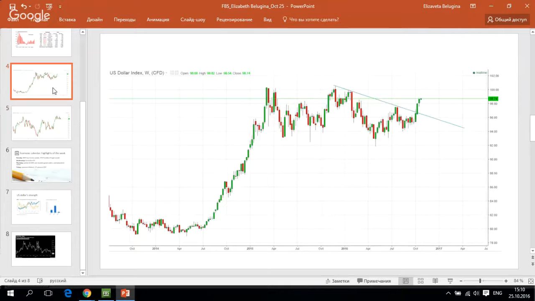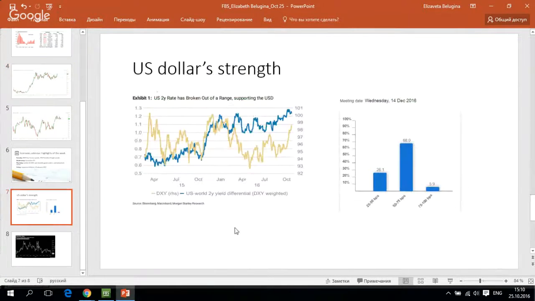Let's once again have a look at the expectations of the Federal Reserve's rate hike. Probably you are a bit tired of hearing about these expectations of what the Federal Reserve will do in December, but I'm sure that the next 2 months will still be about the Fed policy, still about this December action or inaction of the Federal Reserve.